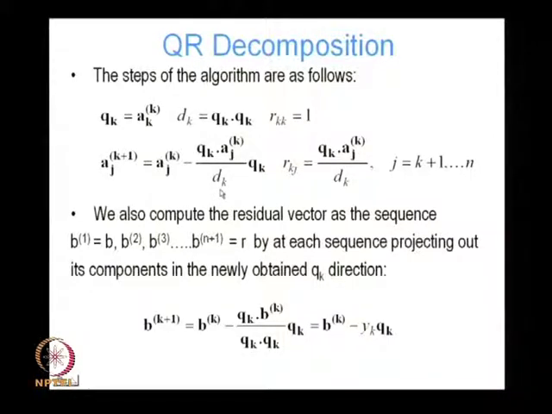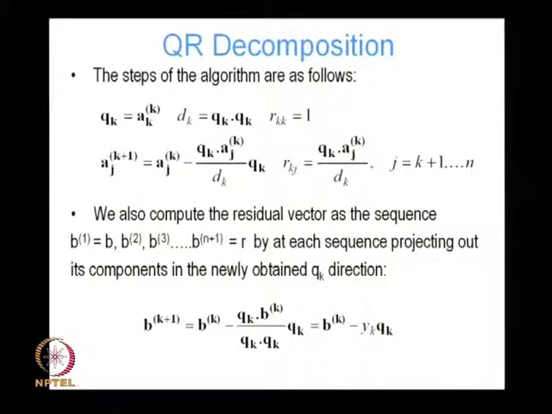We start with a matrix A, which is m by n, and step by step we orthogonalize that matrix, making each column orthogonal to each of the remaining columns. We do it systematically using Gram-Schmidt orthogonalization, and we end up with an orthogonal matrix Q and an upper triangular matrix R.